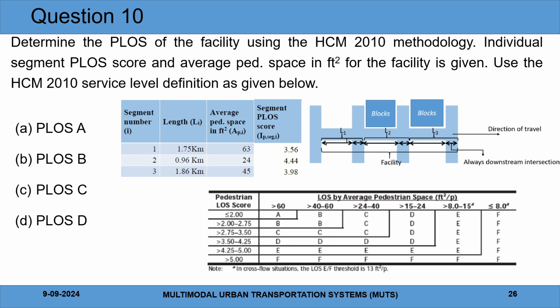Next one is a numerical. Determine the PLOS of the facility using HCM 2010 methodology. Individual segment PLOS score and average pedestrian space in feet square for the facility is given, that is IP segment I and API segment I. Use the HCM 2010 formula and calculate the level.